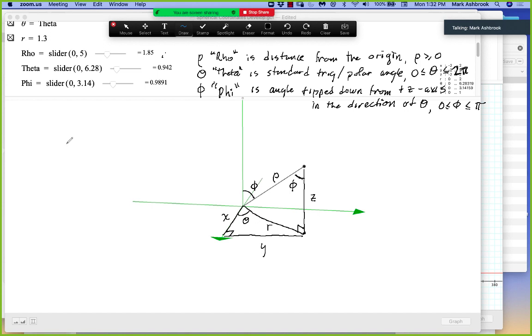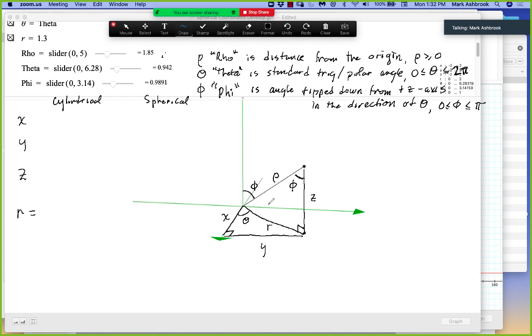Okay, so let's talk about x, y, and z in cylindrical and then spherical coordinates. Before we do that, we have to get what r is. What is r now in our new vertical triangle here? So this vertical triangle relates to spherical coordinates, right?